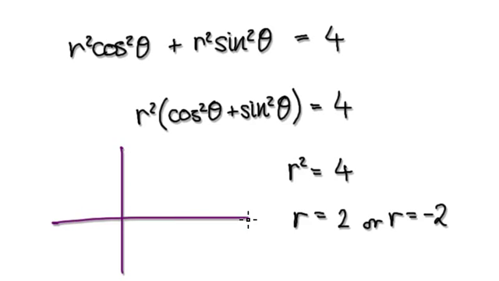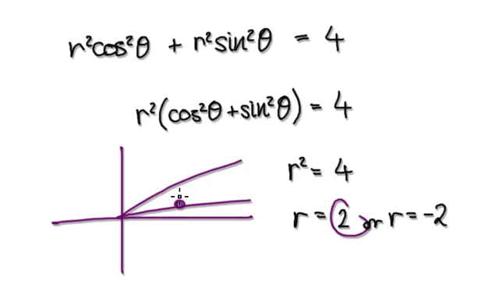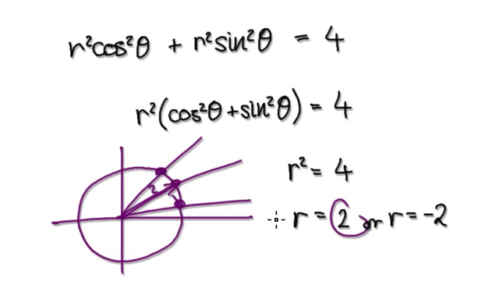But each time you move around, the radius here is 2. So when the angle is here, the radius is 2. When the angle is here, the radius is 2. Eventually, it will trace out a circle.